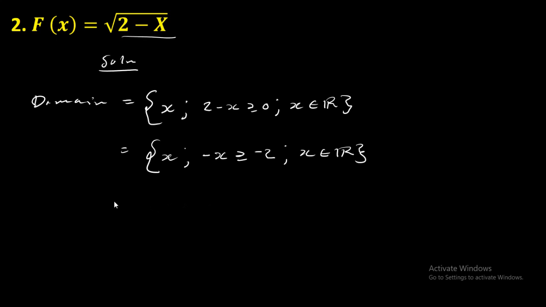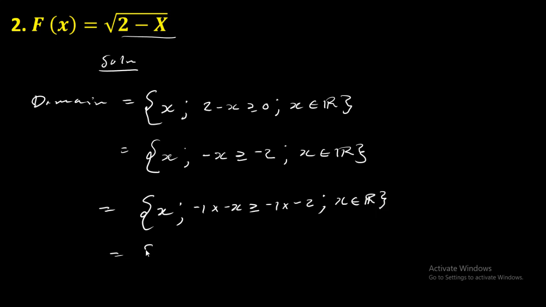After you do that, you can simply multiply by negative 1. So you say negative 1 times negative x is greater than or equal to negative 1 times negative 2. You can either multiply or you can divide throughout by negative 1.